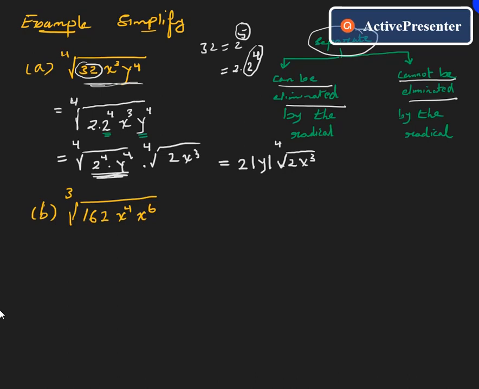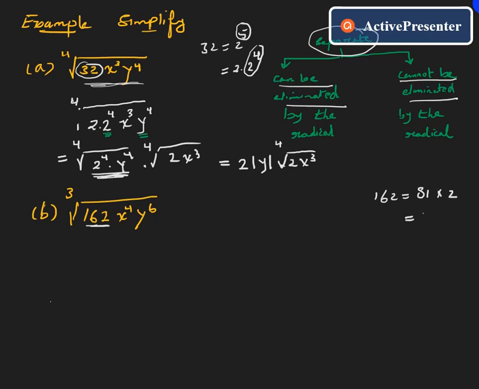The other question is similar. Pick those parts that can be eliminated by the radical and those that cannot. Looking inside the radical, we find that we can do something to 162. 162 is equal to 81 multiplied by 2.